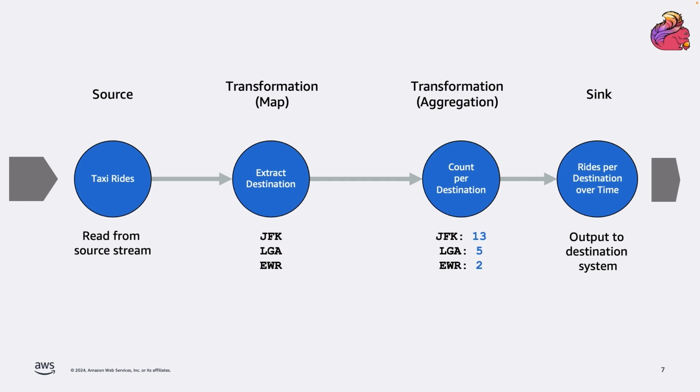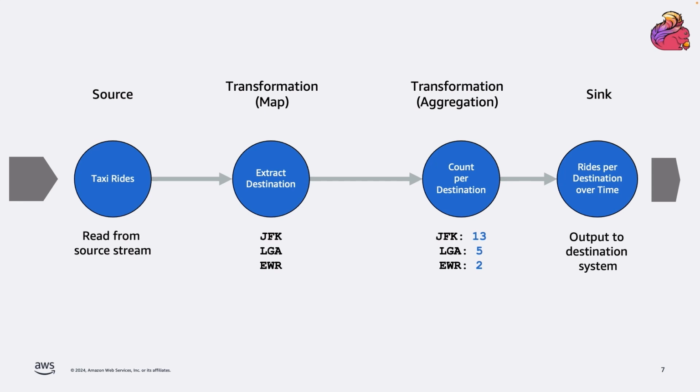Transformations can be a simple one message at a time transformation, like this map on the left, to extract the destination. Or they can do some sort of aggregation, like counting the number of trips per destination. And then finally, we'll have a sink where we will send the data outside of Apache Flink when we're done processing it.